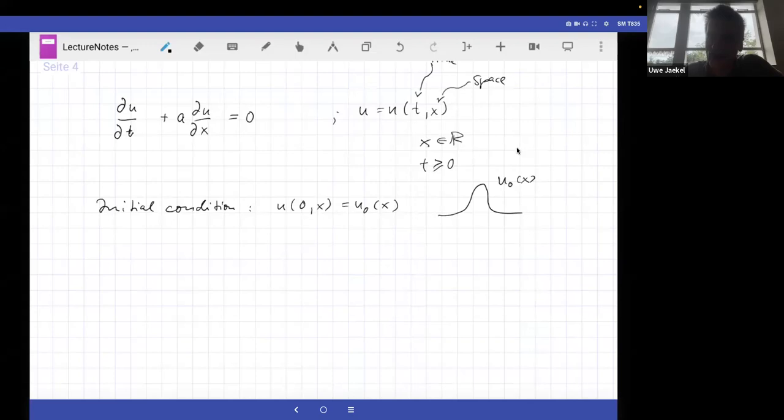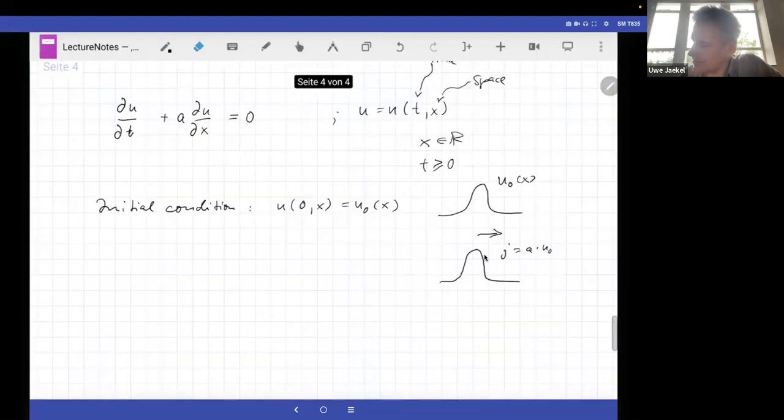So this is our initial condition, and now we ask: given this equation, if the flow is governed by this equation, what will be the concentration at a later time? The flow will be the concentration multiplied by a, so the flow looks like this, because it's just J. It's a times u0 of x.